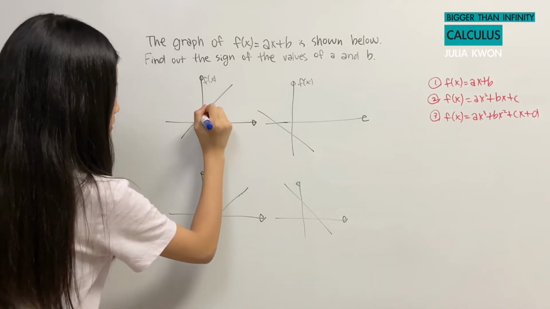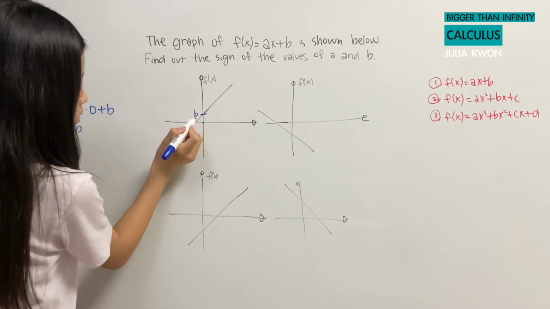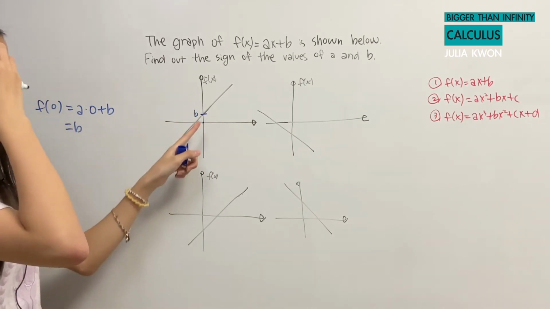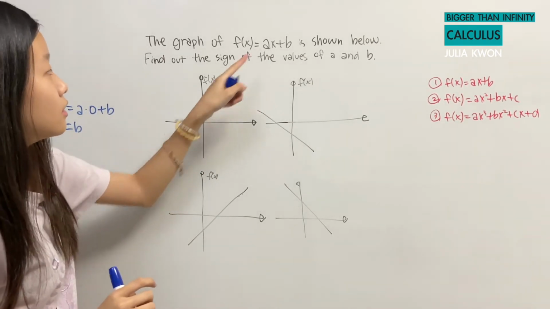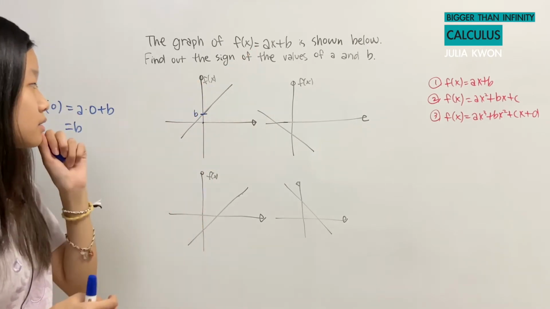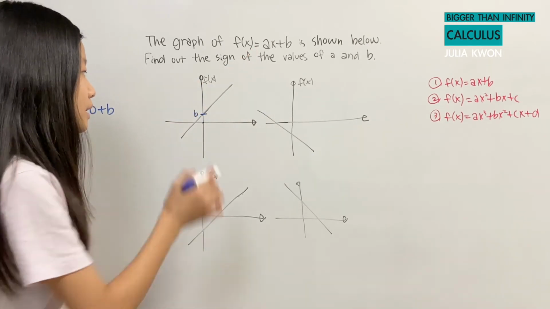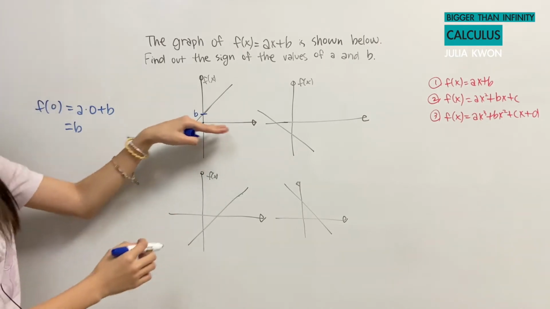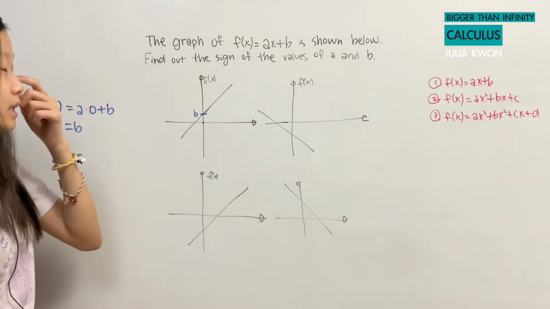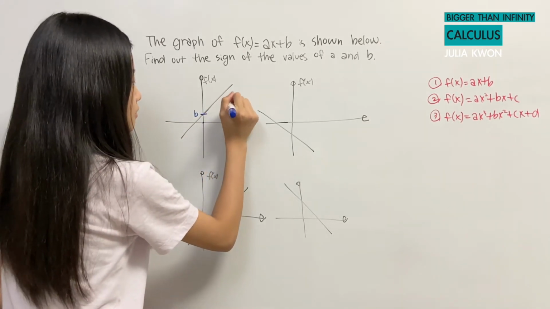The y value is b, since that's where this function touches the y-axis. So we already know that b is positive, right, since it's above the x-axis. So here b is positive.